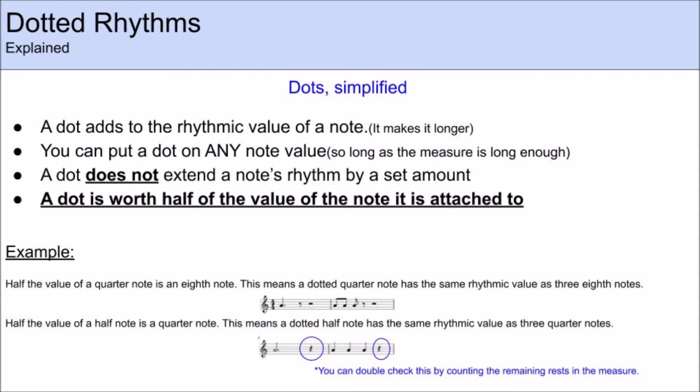First, a dot adds to the rhythmic value of a note, meaning if you see a note that has a dot on it, it's going to last for a longer amount of time than it normally would without a dot. Second, you can put a dot on any note value. Literally any note can have a dot placed on it as long as there's enough space left in the measure for it.